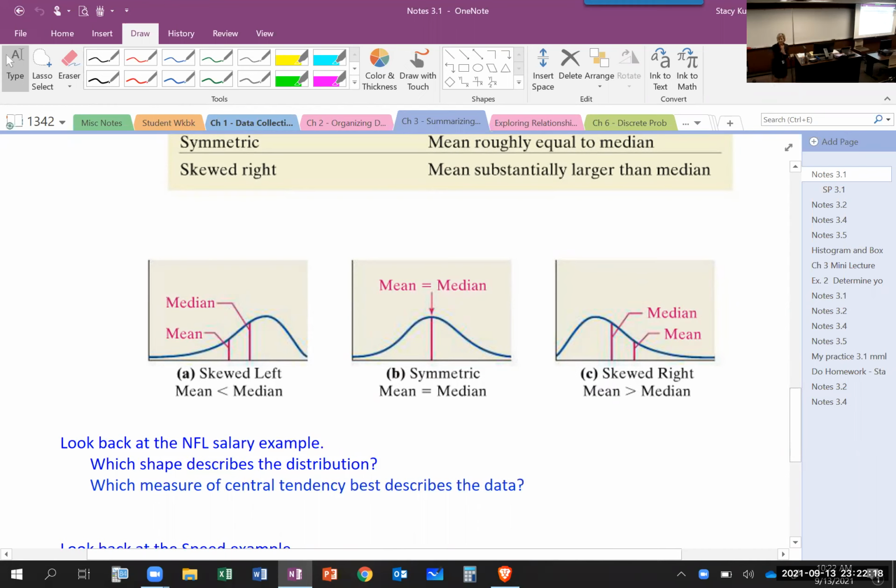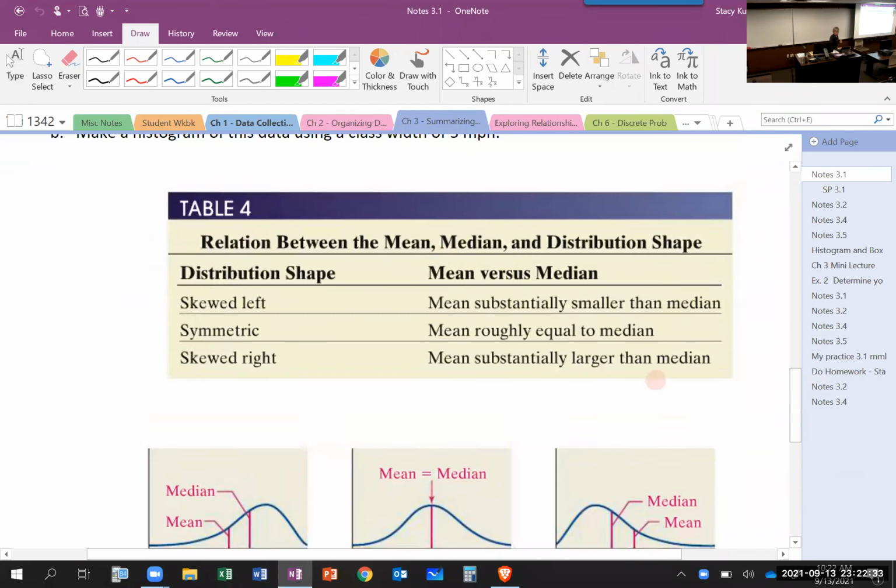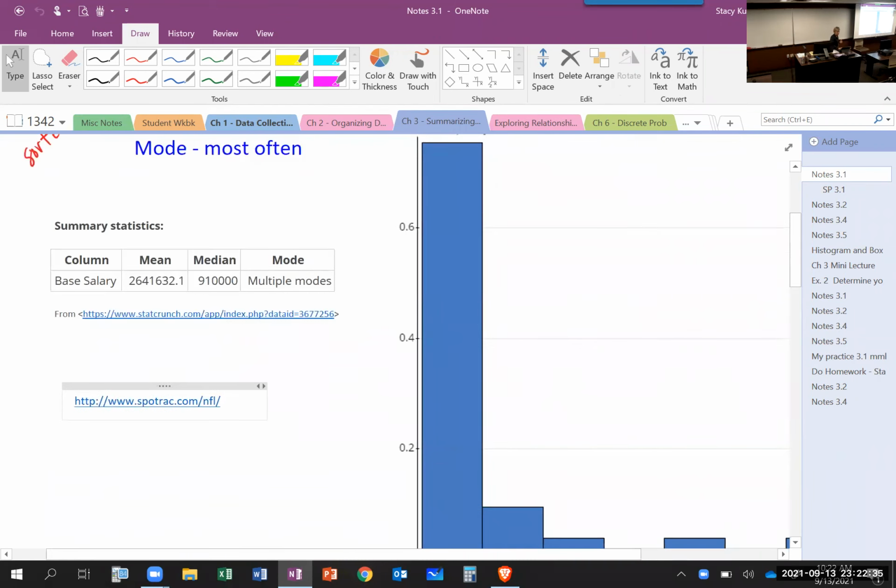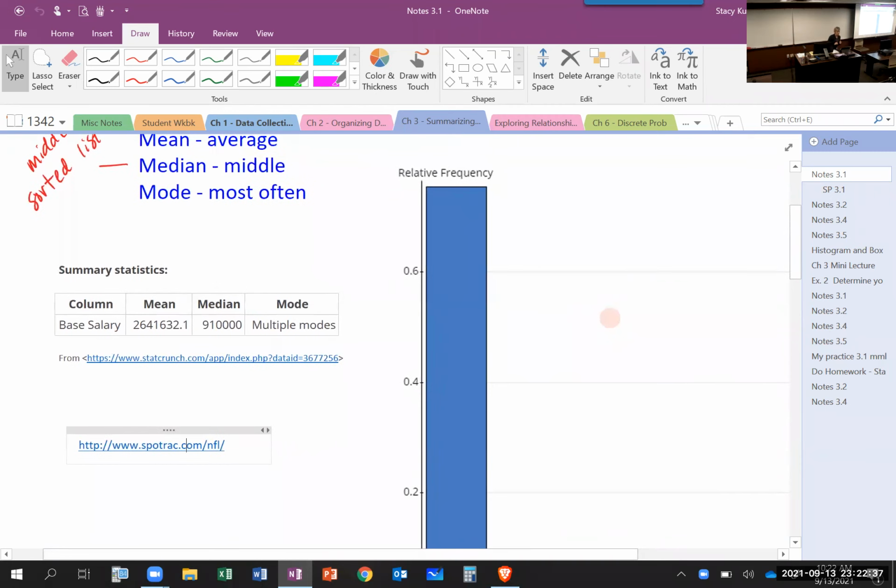They might not be exactly equal, but you don't have the big disparity, the difference like we do in our football example, right? Here, the mean of our football example was, I believe, 2.6 million. That's a long ways away from 900,000, isn't it? That's a big difference between those two numbers. Okay, so it makes sense then for us to have skewed data.